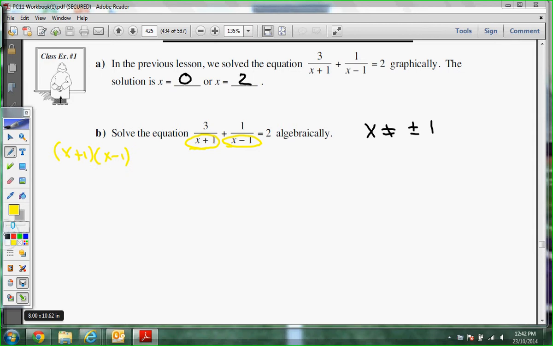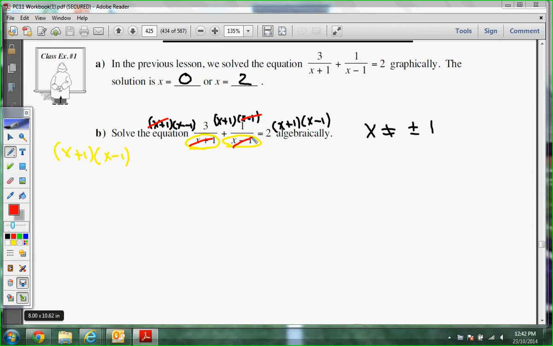So I multiply to every term I have. Here, I'm going to go x plus 1, x minus 1. To here, x plus 1, x minus 1. And then to the 2, x plus 1, x minus 1. I multiply to every term I have, and I do that because why? Yeah, it's going to cancel the denominators in every situation.